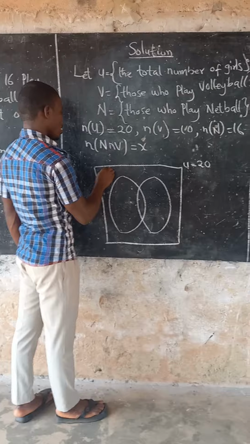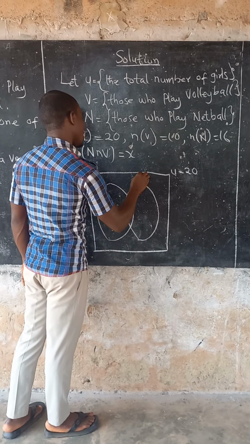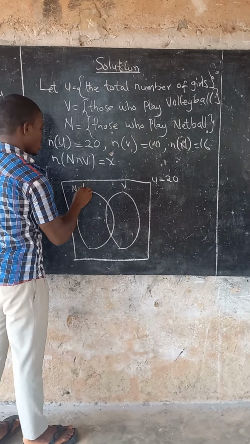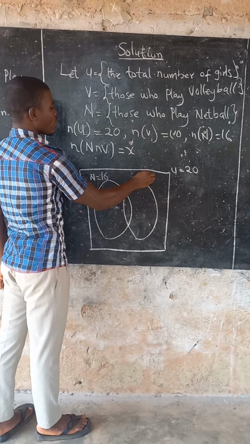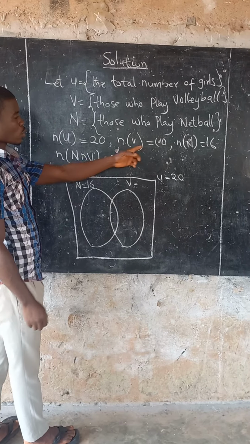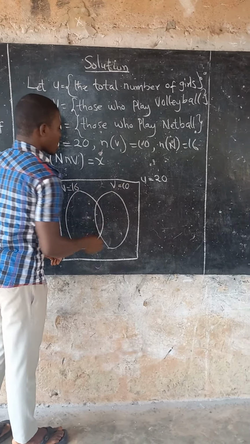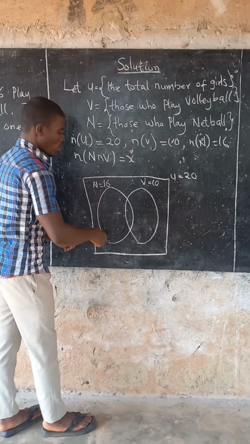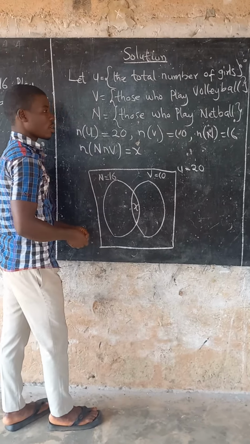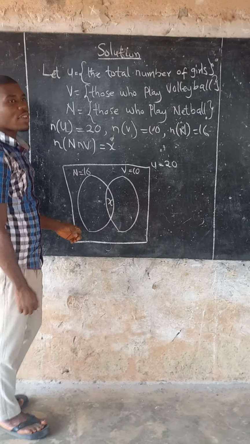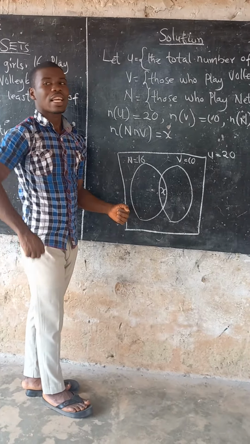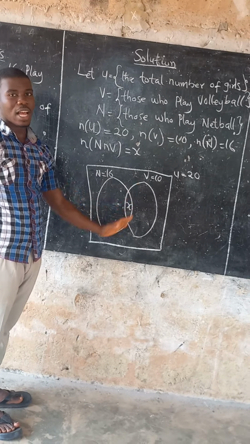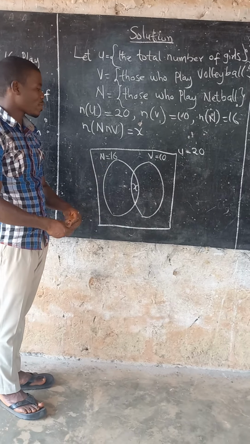Let's name here N, and here V. We said that N is 16, V is 10, and N intersection V is X. As I'm saying, the first tutorial has been uploaded, understanding the various regions on the Venn diagram. If you visit that video, you will understand it very well.